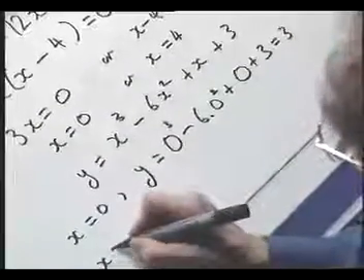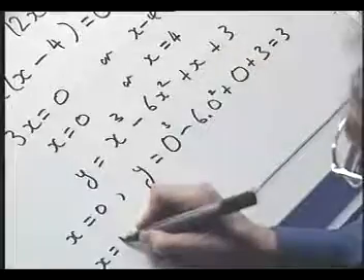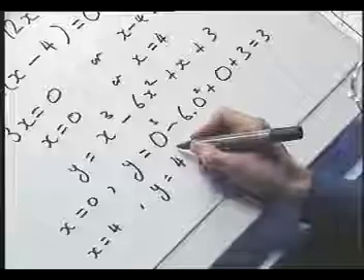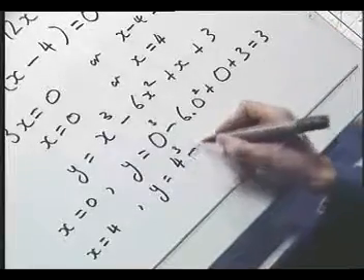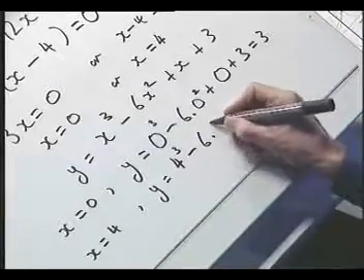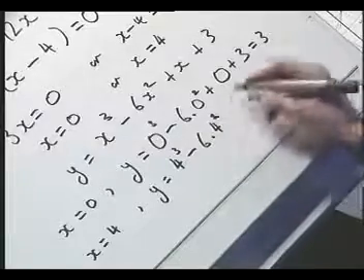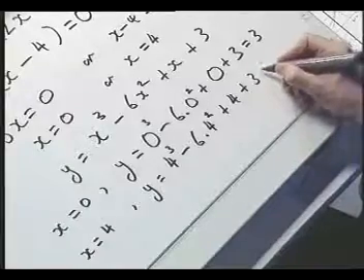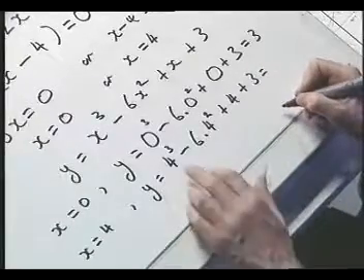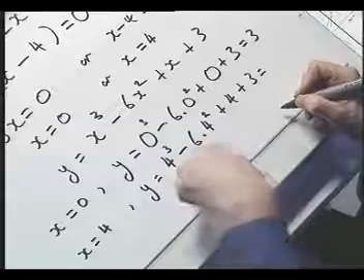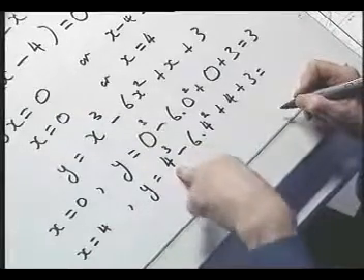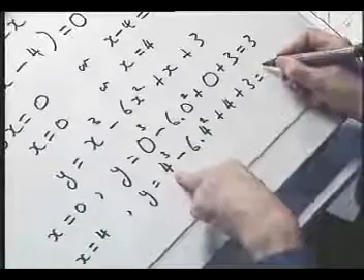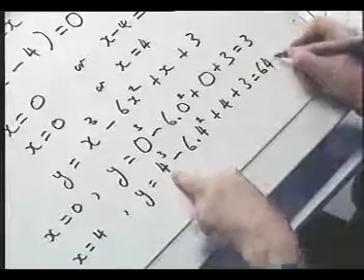And x equals 4. y is equal to 4 cubed minus 6 times 4 squared plus 4 plus 3 equals, well, 4 cubed is 4 times 4 times 4. 4 fours are 16, and 4 times 16 is 64.